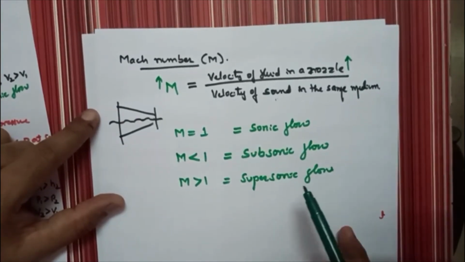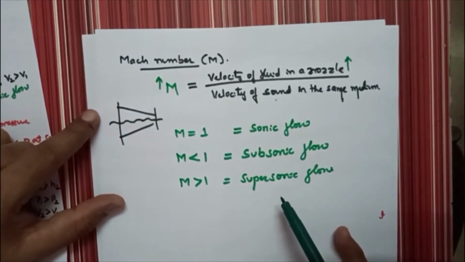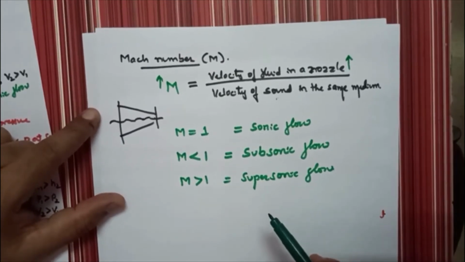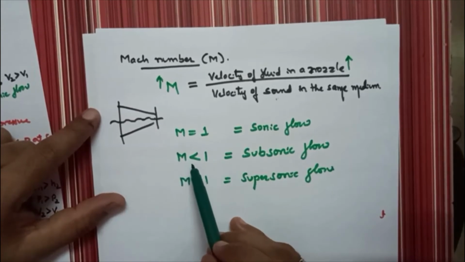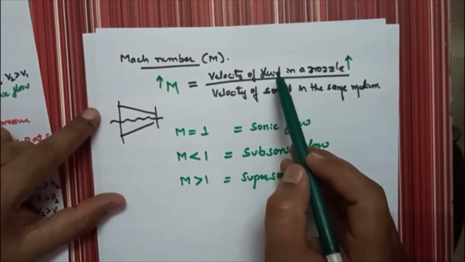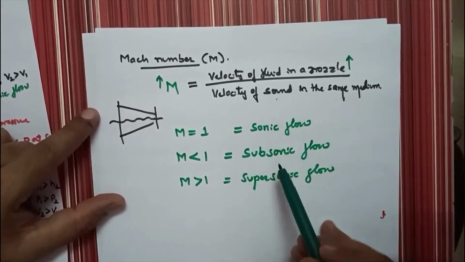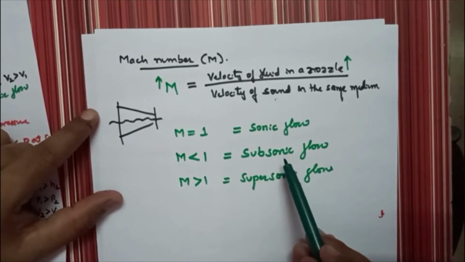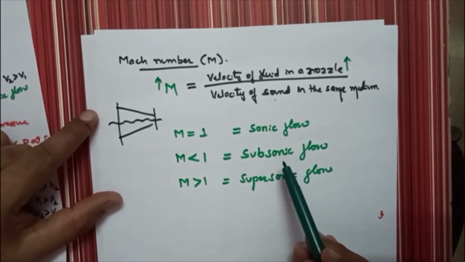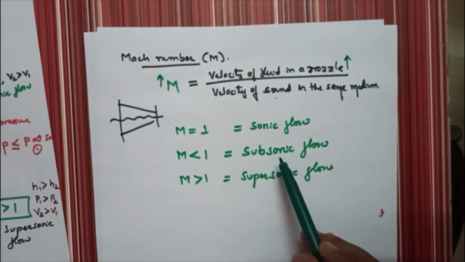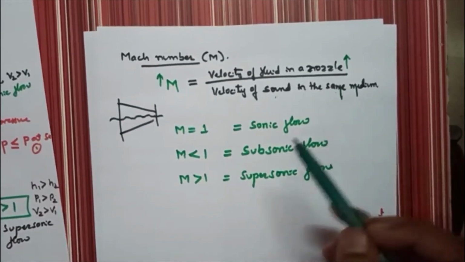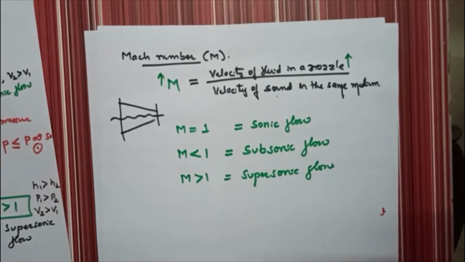If the velocity of the fluid is less than the velocity of sound, it is called subsonic flow. The fluid is moving with less velocity, sound velocity is more, so it is subsonic flow. If both are the same, then it is called sonic flow.